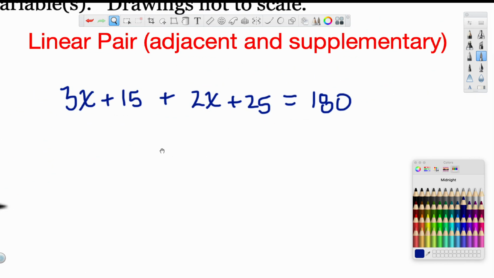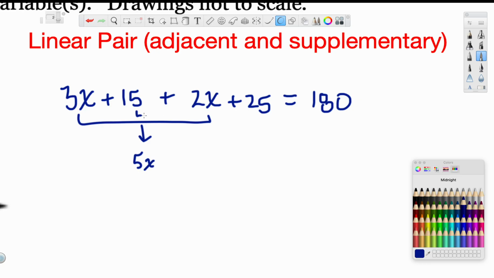Alright, so now we're solving for the value of the variables. Let's add like terms. 3x plus 2x is 5x. And then I've got 15 plus 25 is 40. Equals 180.